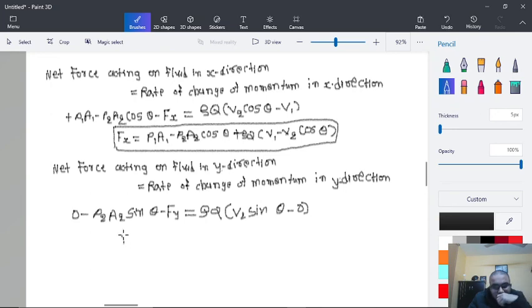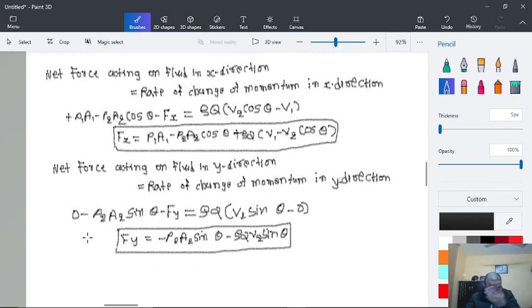So Fy is equal to minus P2A2 sin theta minus rho Q v2 sin theta. This is Fy.